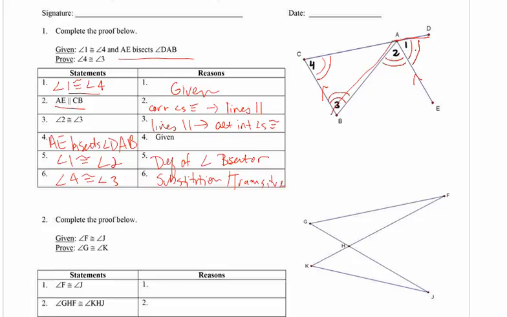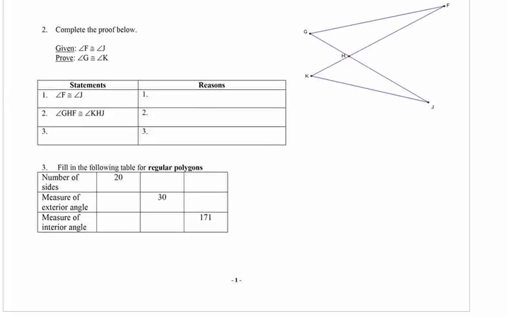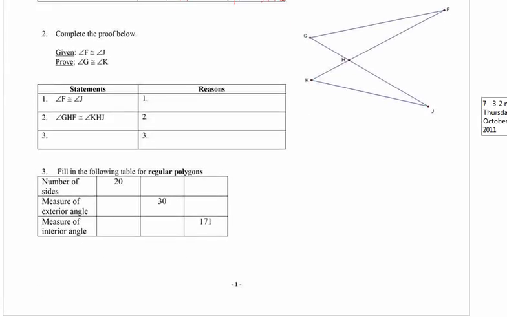Next proof, a little shorter. We are given that F is congruent to J, so I can write that as given. We're told that GHF is congruent to KHJ, and we recognize that very well.